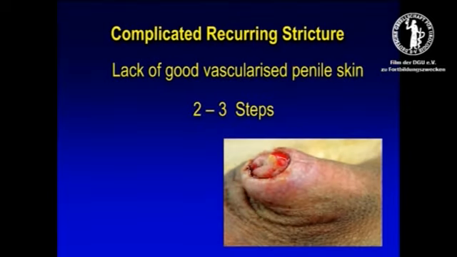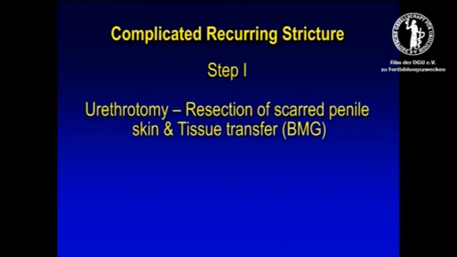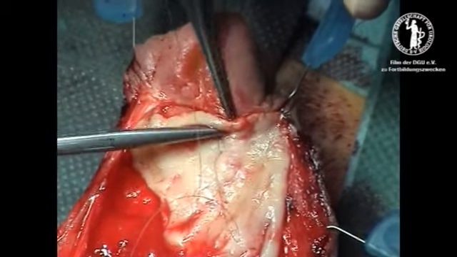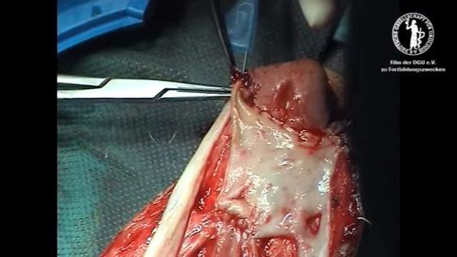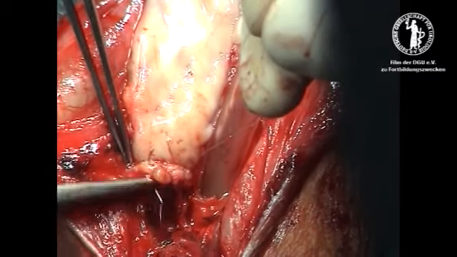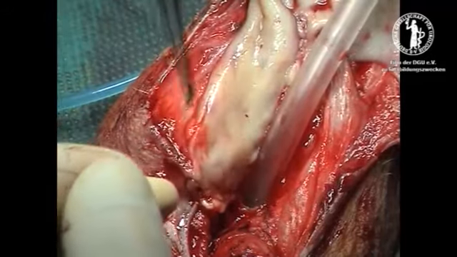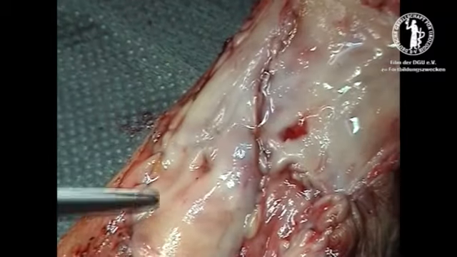In complicated cases with extended scarring, less vascularized penile skin and stricture, we prefer a staged reconstruction. In case of penile stricture, we open the urethra, resect all the scarred tissue, and transplant the buccal mucosa graft using 6-0 Monocryl and quilt it on the corpus cavernosum.